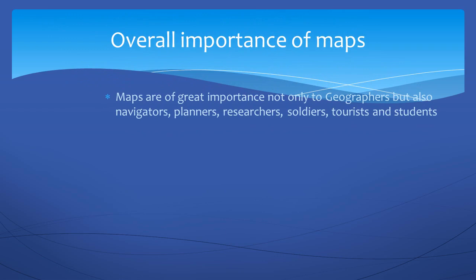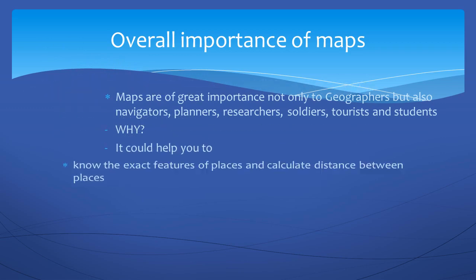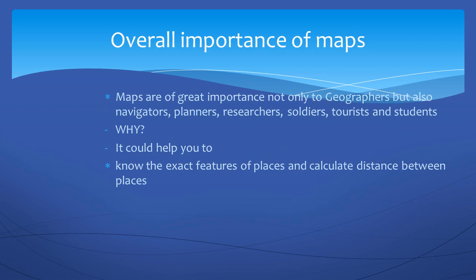Maps are of great importance not only to geographers but also to navigators, planners, researchers, soldiers, tourists, and students. Why? It is because it can help you to know the exact features of places and calculate distance between places.